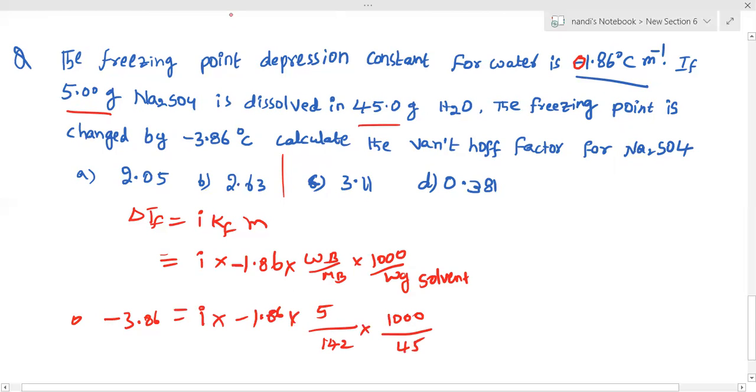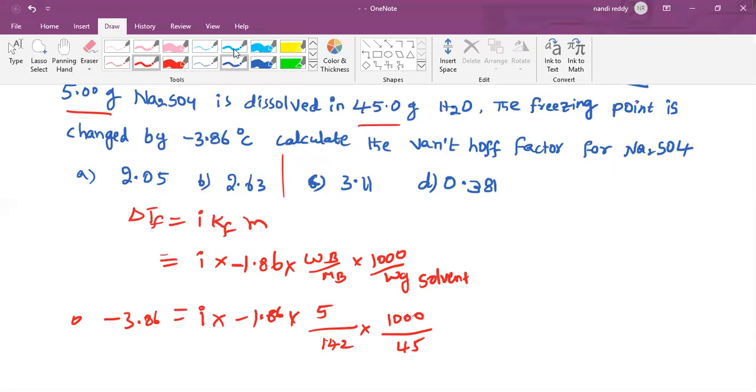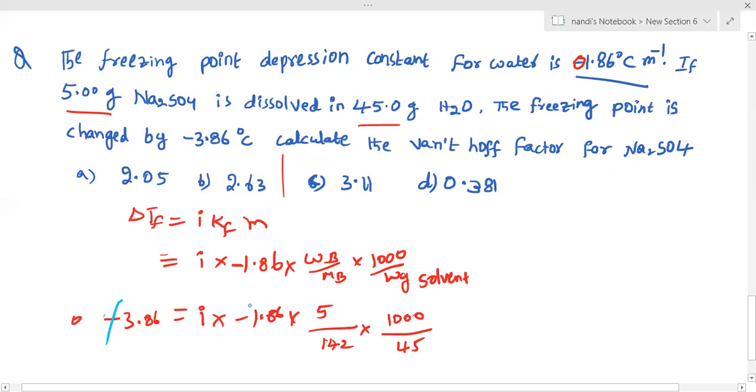So minus minus will be cancelled. Then by solving this, we are getting i equal to 2.63. This is the i value. So which option? B.